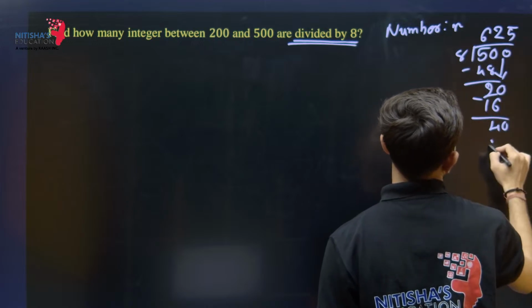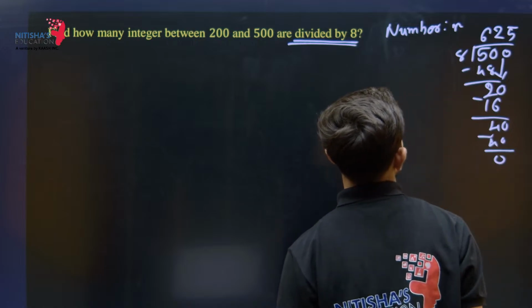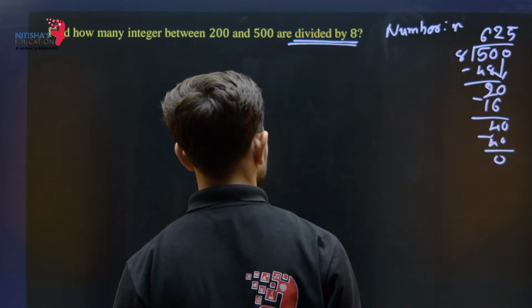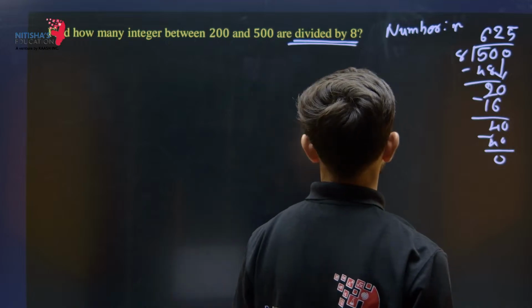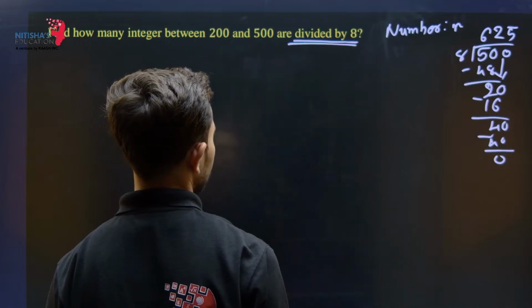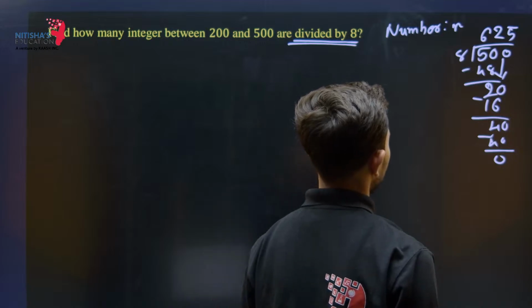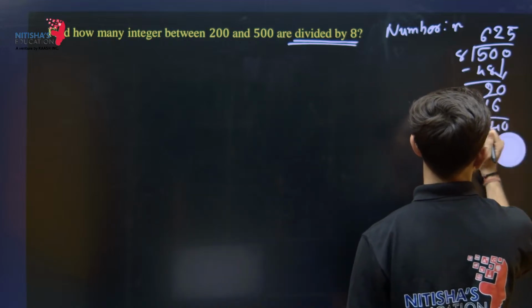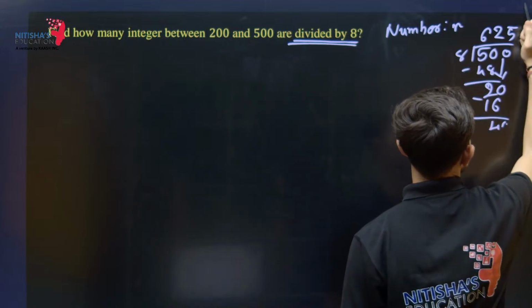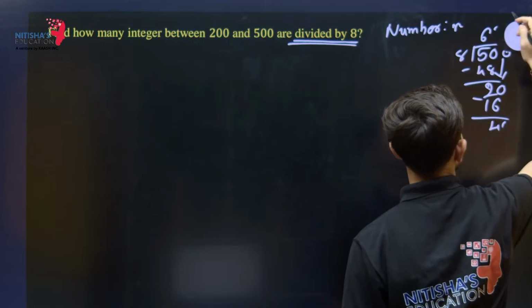Eight 5s are 40. Okay, so 500 divided by 8, there is a remainder of 4.